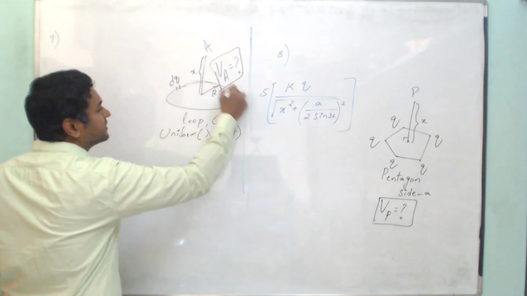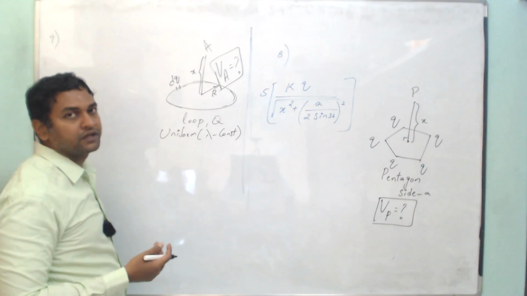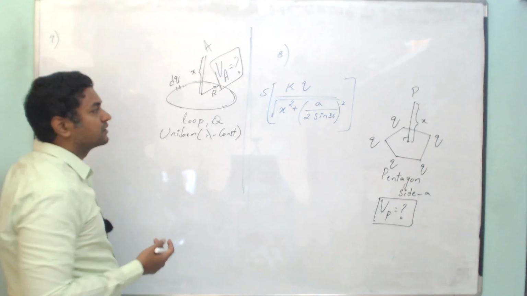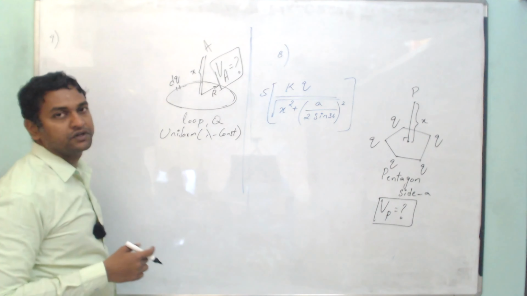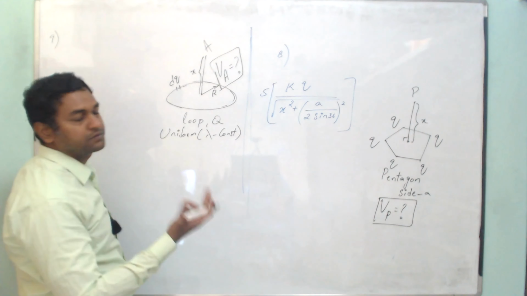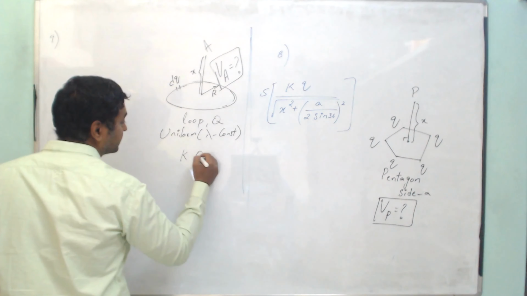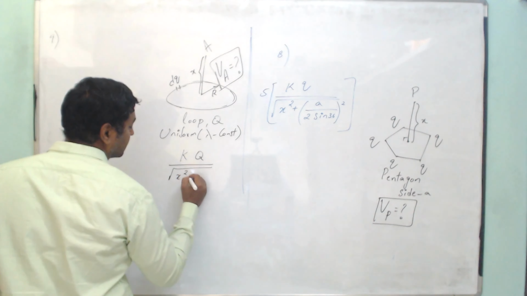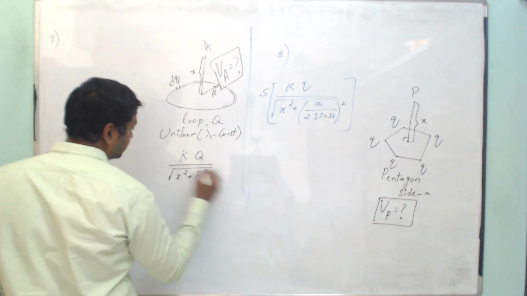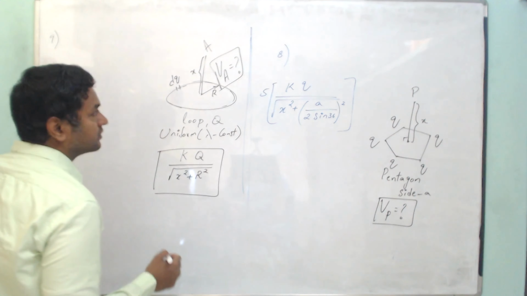All the elemental charges are at the same distance from point A. That means my total charge is at the same distance from point A, even if the shape is a loop. So you will get the answer straight, a square plus x square. Clear?